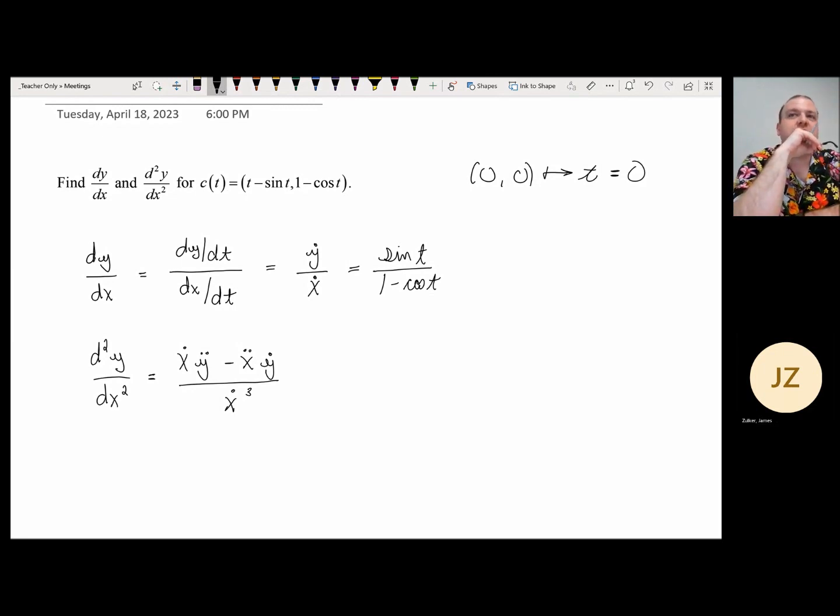Again, I'm using the shorthand because I really don't feel like writing d/dt 5 times. We know x dot. What is y double dot? So in other words, the second derivative of y with respect to t.